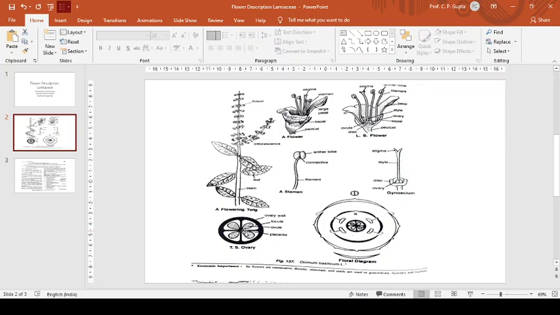Gynoecium bicarpellary, syncarpous, superior, bilocular in very early stages, but later on becomes quadrilocular due to formation of a false septum. So it is seen here with four lobes, four locules.